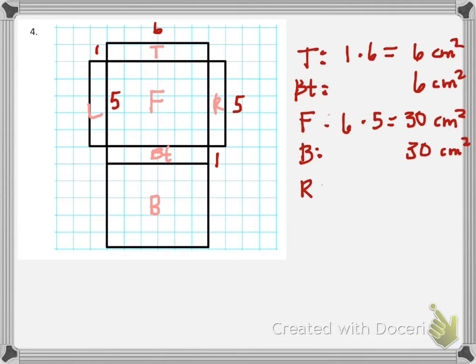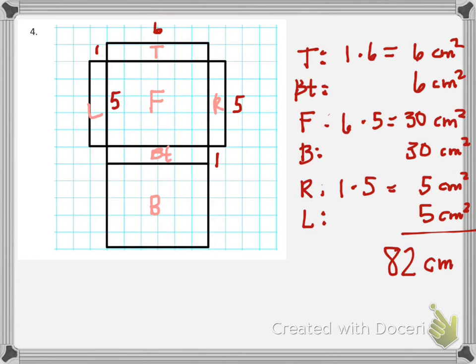So right side, 1 times 5 is 5 centimeters squared, and the left side is going to be the same thing, also 5 centimeters squared. And then we add them up. 30 and 30 is 60, and another 10 is 70, 76, 82. So this is 82 square centimeters is the surface area of that rectangular prism.